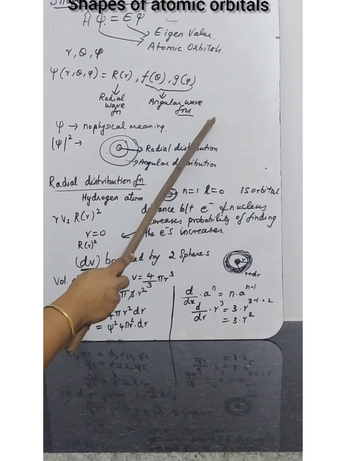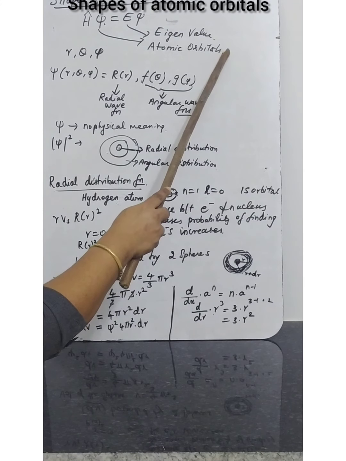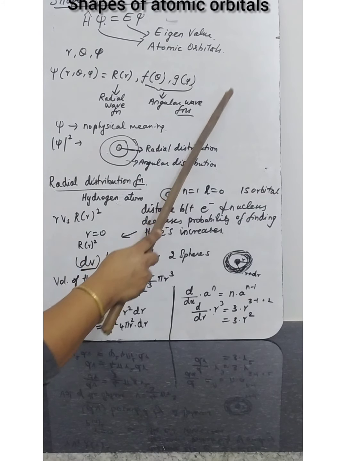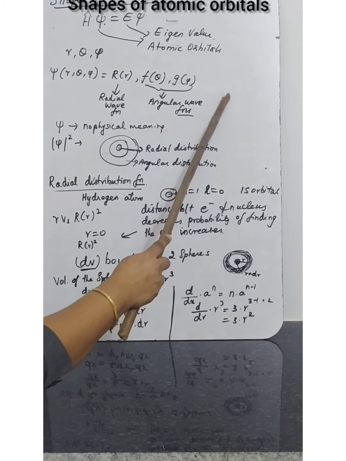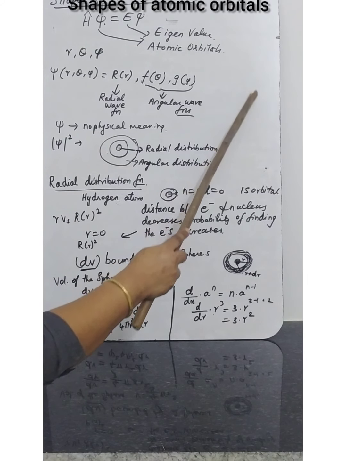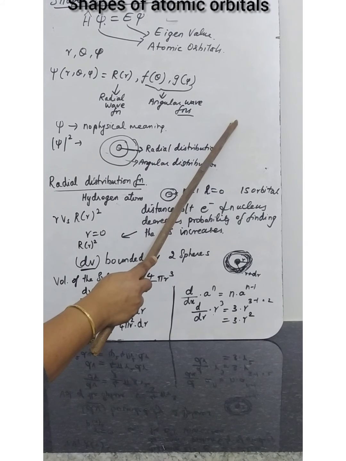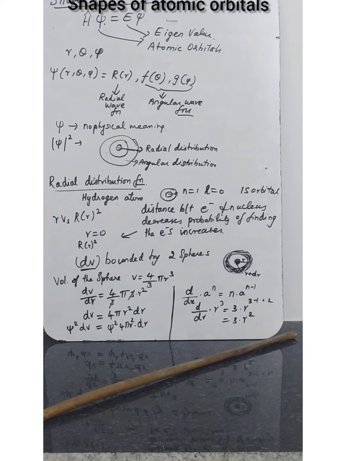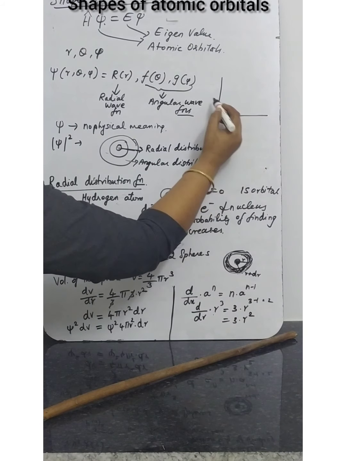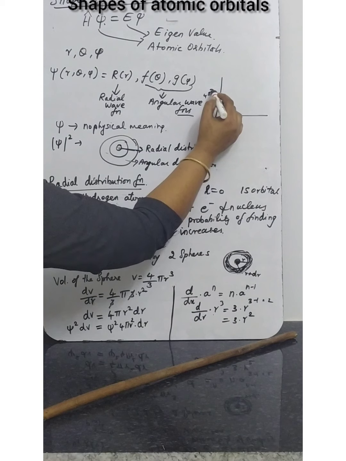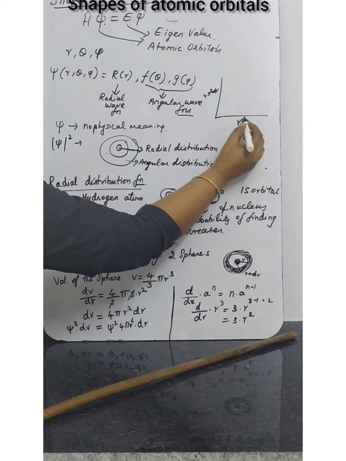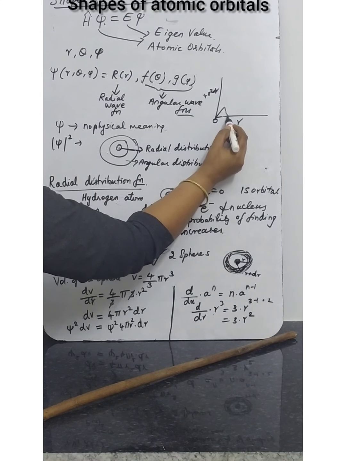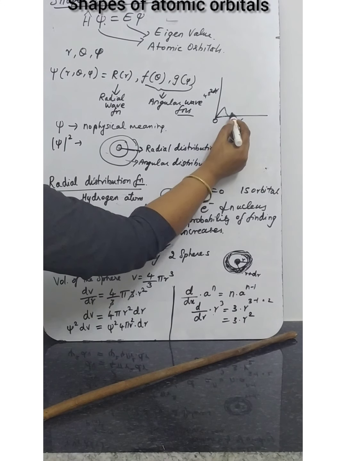For the 2s orbital the plot will come like this: it comes up, then comes down again to 0, then again it goes up. So here there is only 1 zero point. It touches 0, so 1 node, and then it goes again like this.